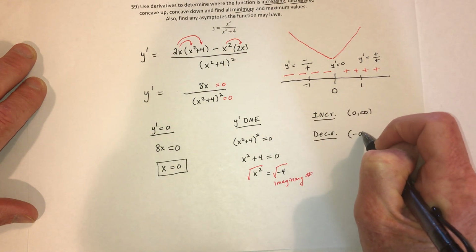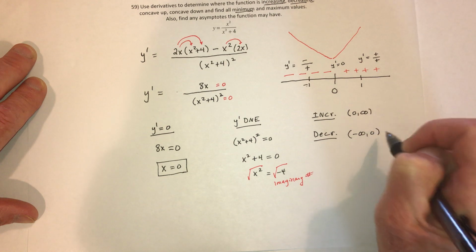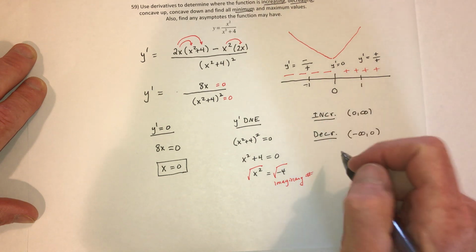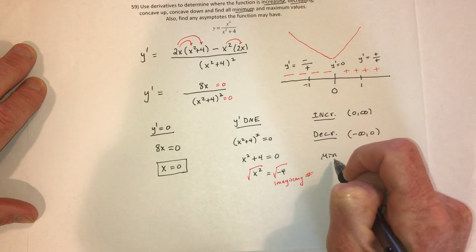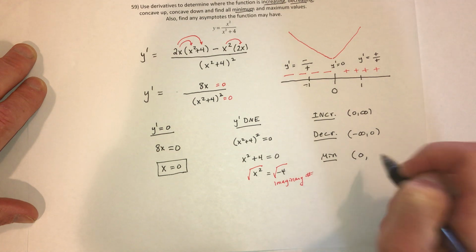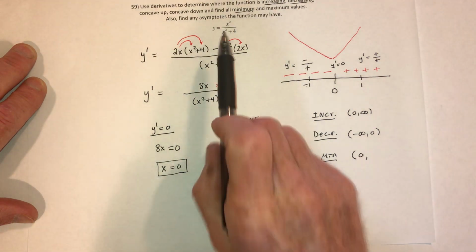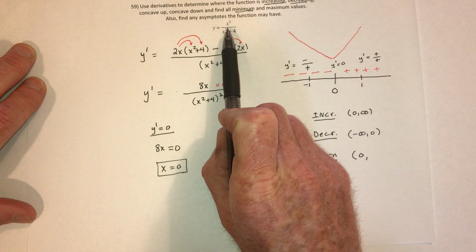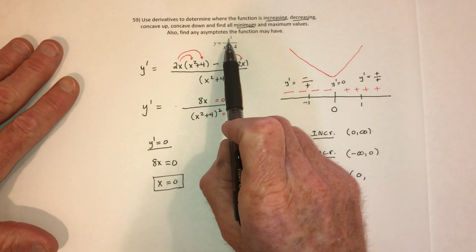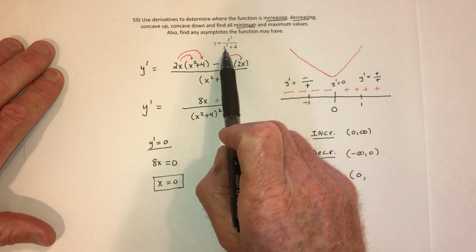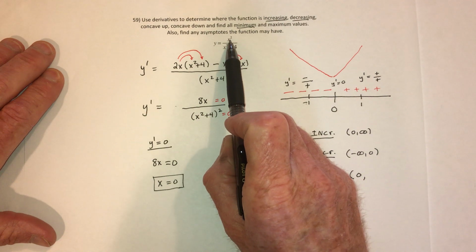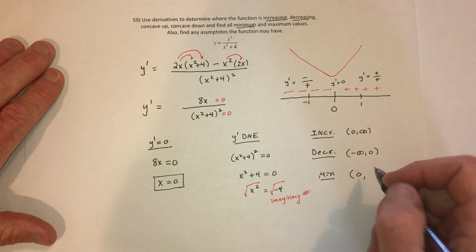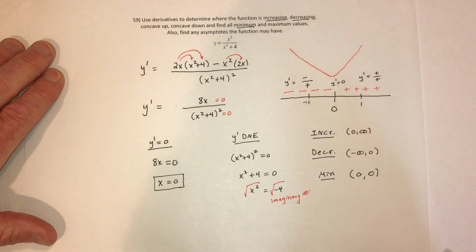So negative infinity to 0. And then there's a minimum when x equals 0, and then to find out the y value, plug in 0 right here to the original function, and then these two will be 0, so it's going to be 0 over 4, which equals 0.